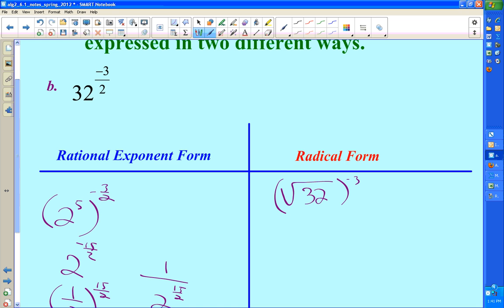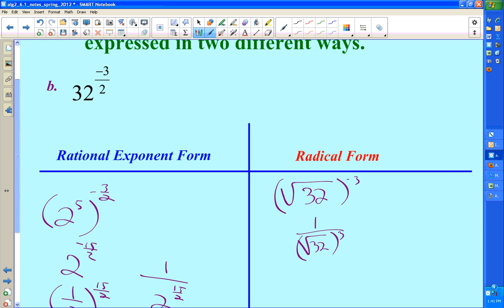The square root of 32 to the negative 3rd, we're going to be able to simplify that a little later. The negative power is going to tell you that we're ultimately going to do 1 over the square root of 32 to the positive 3 power. And then we're going to have to do some work when we start simplifying the radicals again.